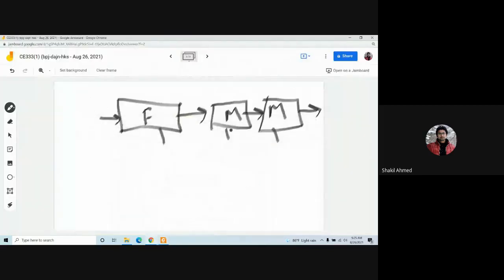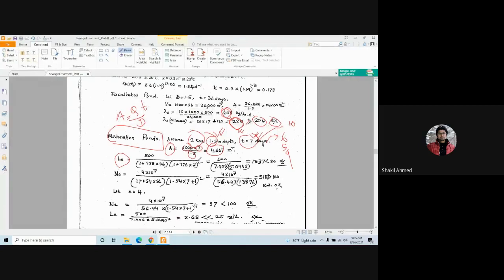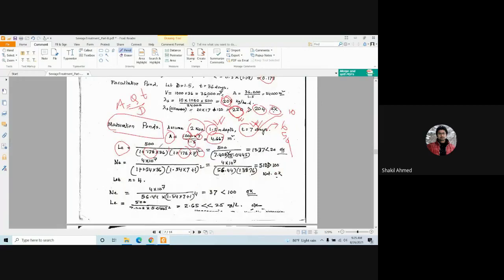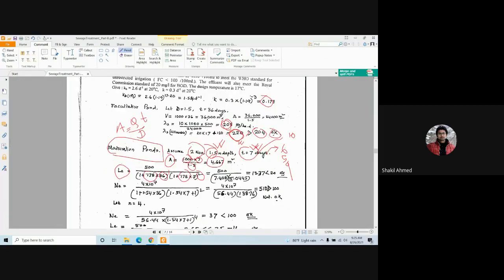So two maturation ponds and one facultative pond. This is the value of K, which you have determined here. This is the T for the facultative pond, which is 36 days. You have assumed it, and T for the maturation pond is 7 days. We have assumed it here.